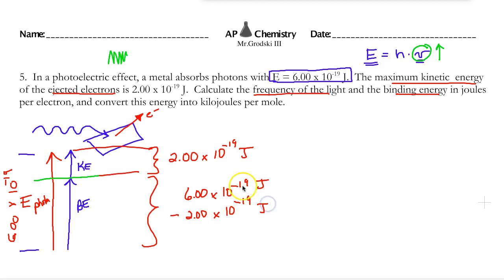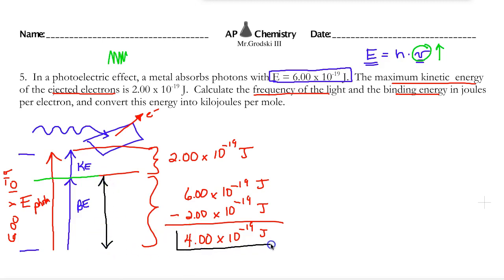You notice we're both in the same exponent, so this is pretty simple math. This is going to be 4.0 times 10 to the negative 19 joules, and that is what this value here represents. So right here is our binding energy.